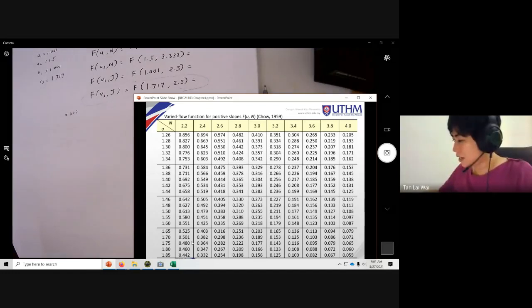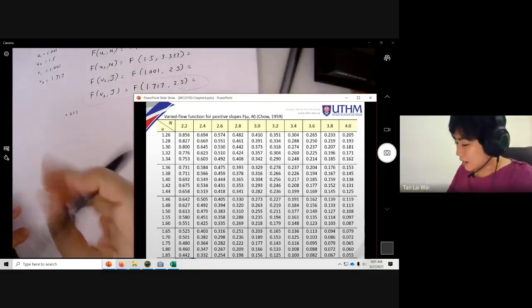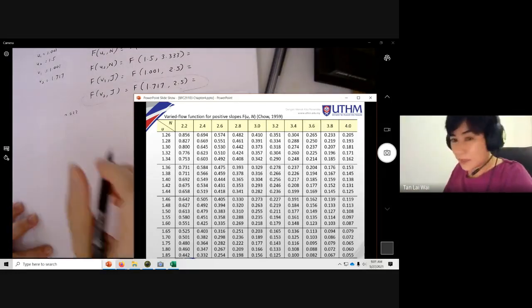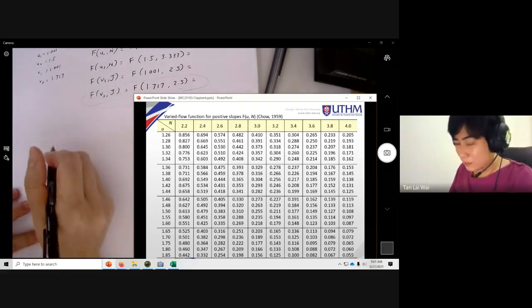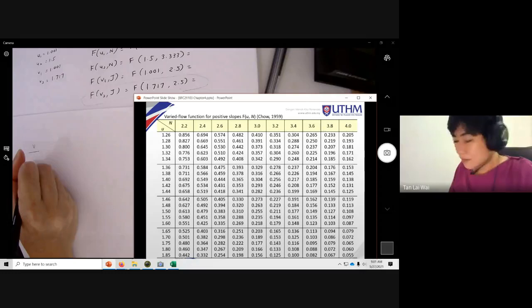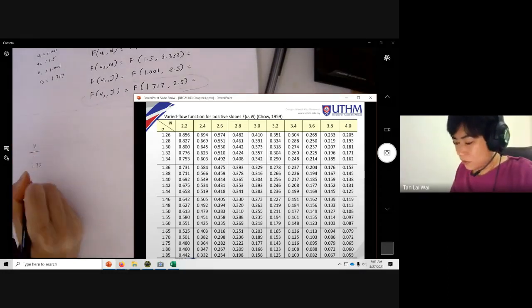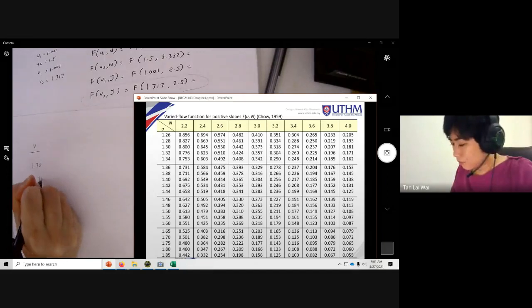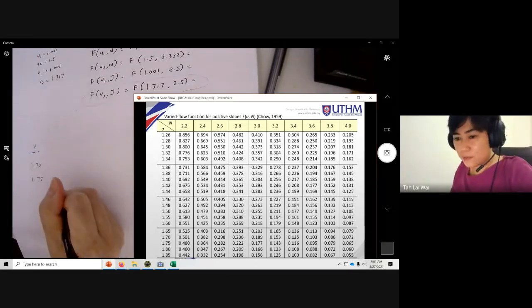When I read it, the data that I need to pull out, V here is 1.70 and 1.75.